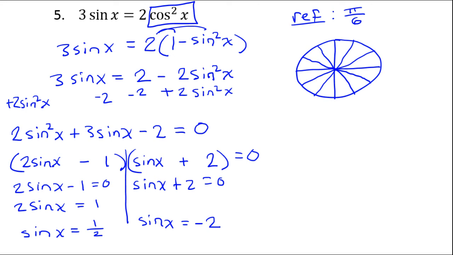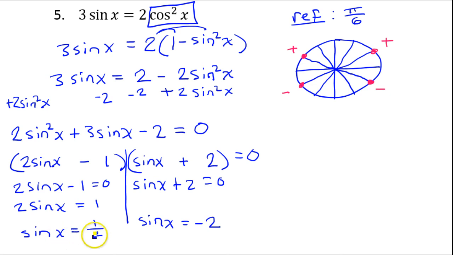Okay, so here are my pi over 6's. These are the 4 angles that have a reference angle of pi over 6. The sine of any of these will be some kind of 1/2. It's just that these two will be positive 1/2, and these two will be negative 1/2. Sine is a y value, positive up and negative down.